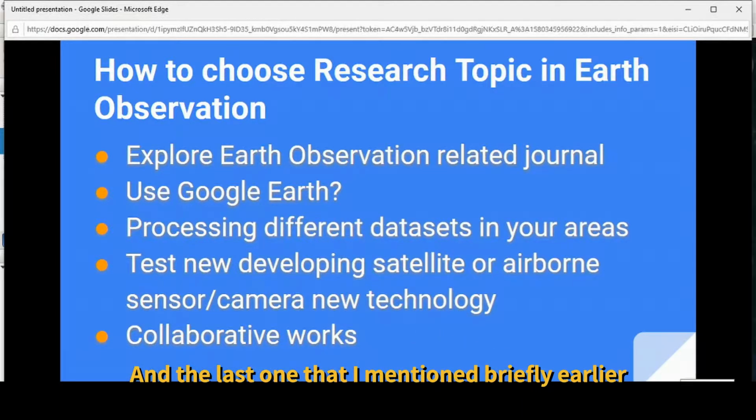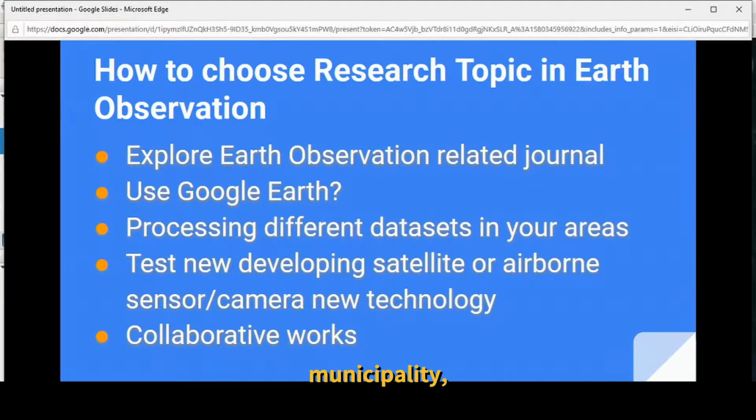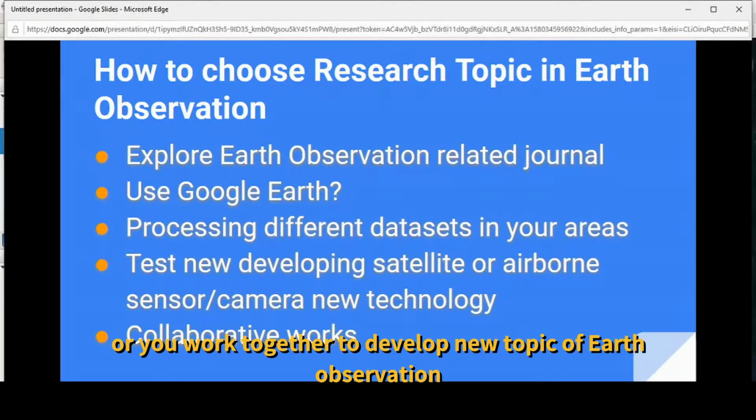And the last one, as I mentioned briefly earlier, is collaborative work. Municipalities, government research institutes, existing private sector companies and startups are always looking for new technology and methodology from enthusiastic scientists and engineers like you. So they could be your funding agent, or you could work together sooner or later in the near future.